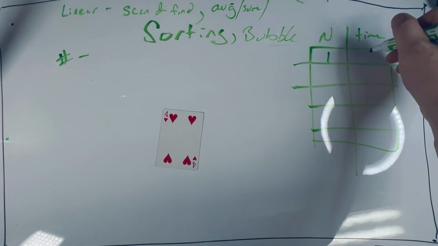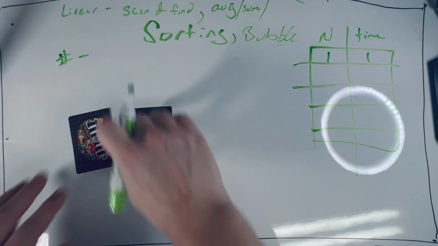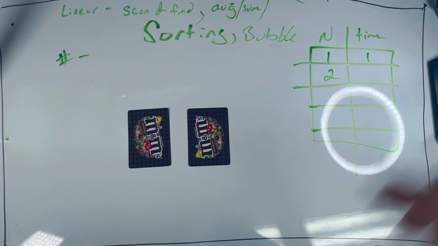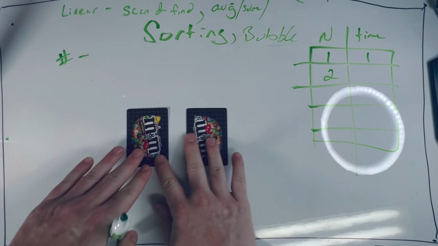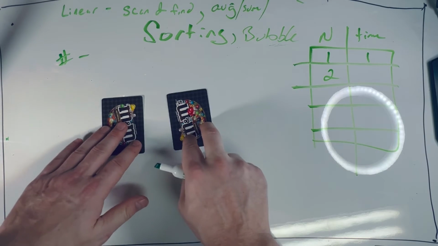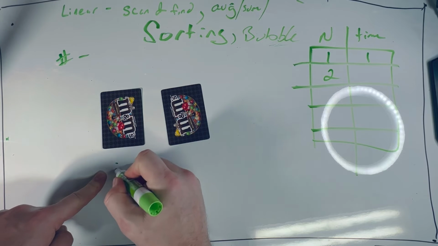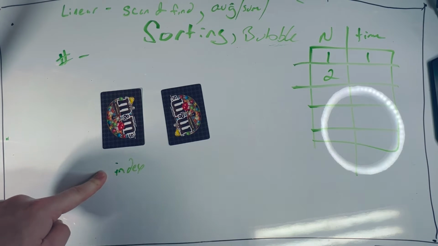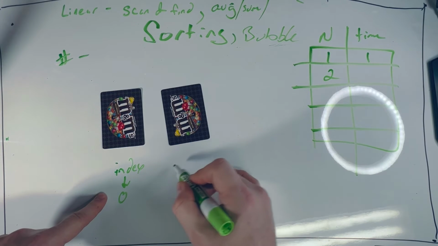So that took 1 thing of time. Now what happens if I put in 2? Now I have 2 items. How do I sort this? A bubble sort says, starting at the lowest index number, indexes are how we reference items in an array. So we'll start at index 0. This will be index 1.